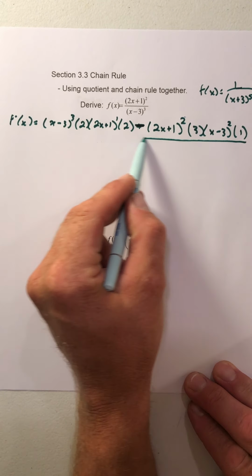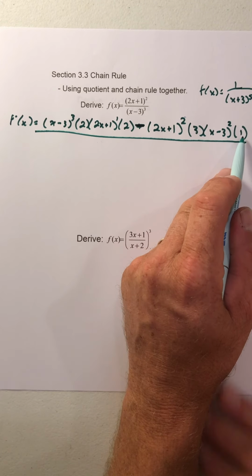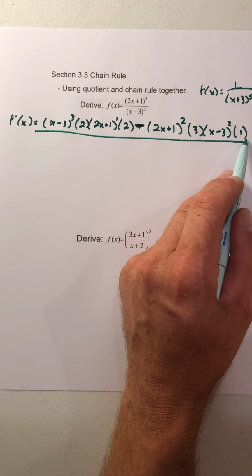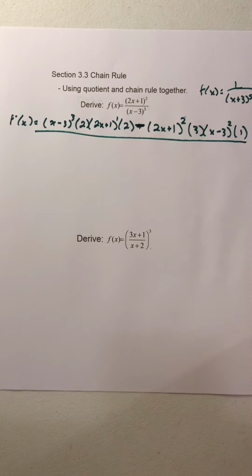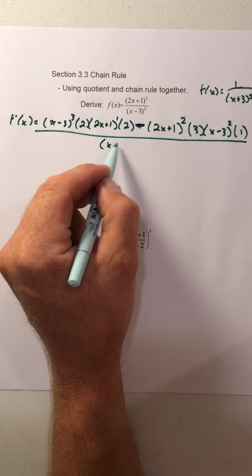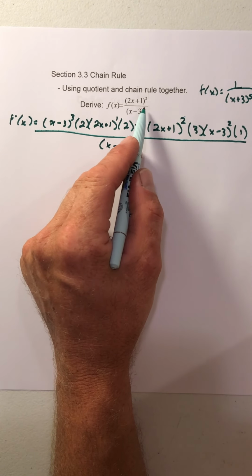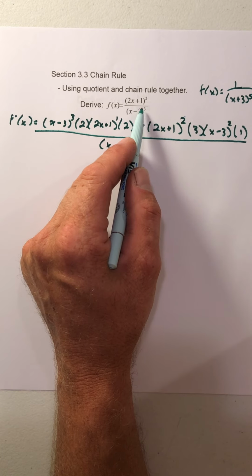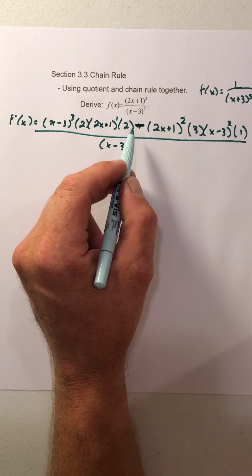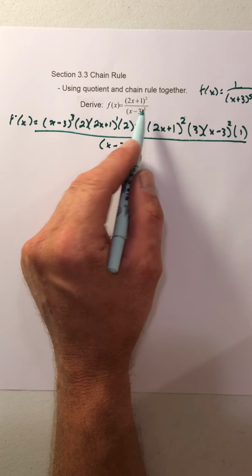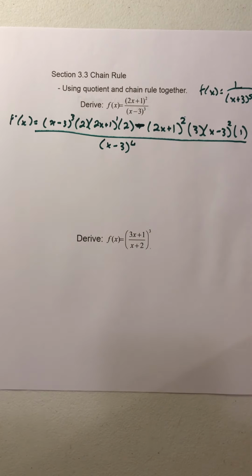Not a major deal if you don't write that 1 at the end. I like to put the 1 in there just because it makes you realize, hey, yes, I did find that derivative. Just add a little insurance possibly. And then we have the denominator squared. If I take my exponent of 3 and square that entire denominator, I can multiply my exponents. So I get x minus 3 to the sixth.